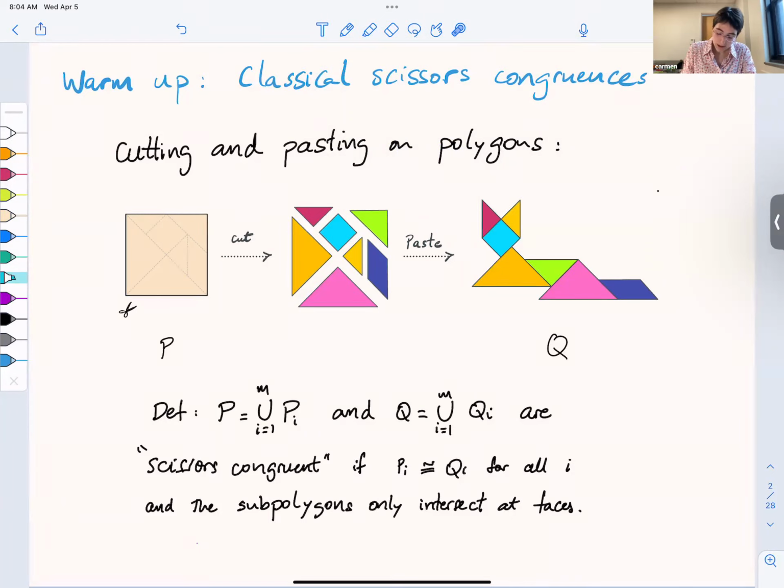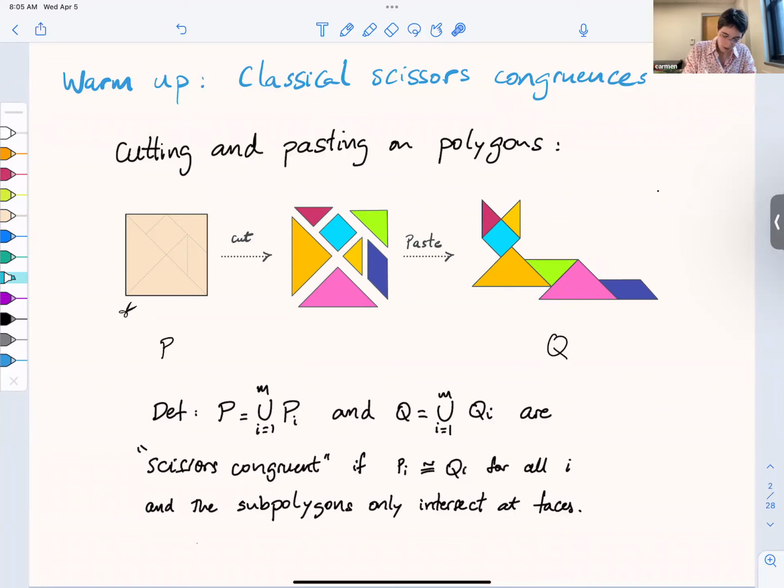Of course, there are certain rules on how you put things back together. For example, you're not taking one of the pieces and putting it on top of another piece. They're always glued via their boundaries. You don't delete them, you just rearrange them, and then you get a new polygon.